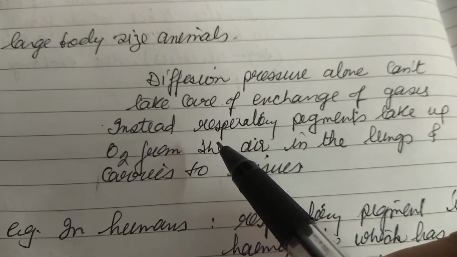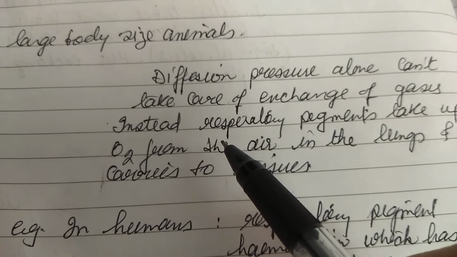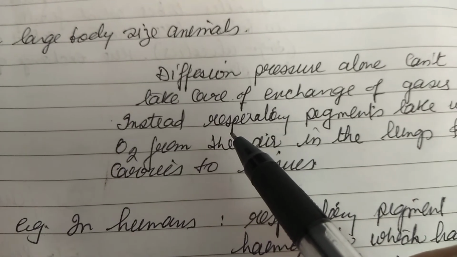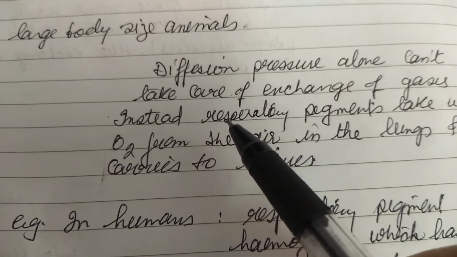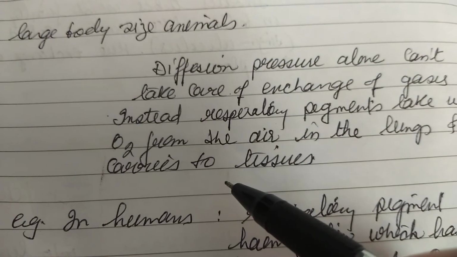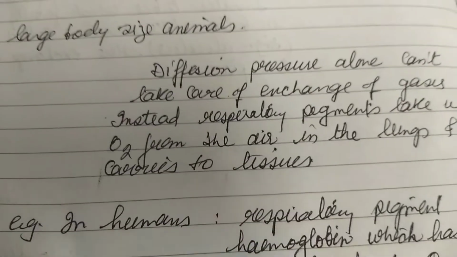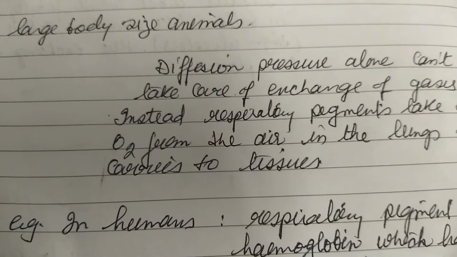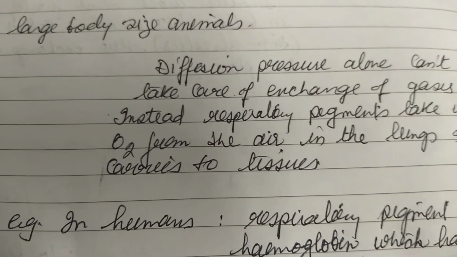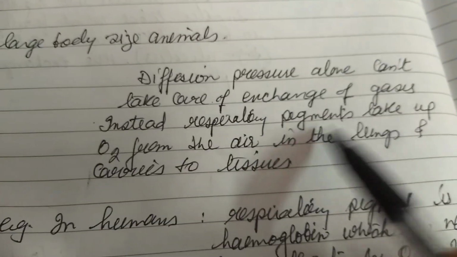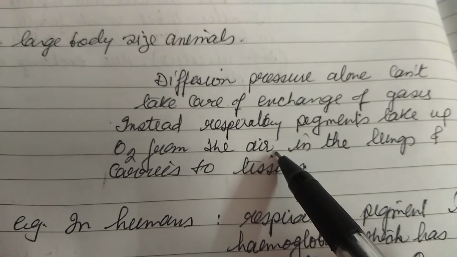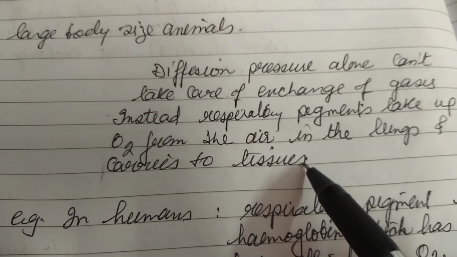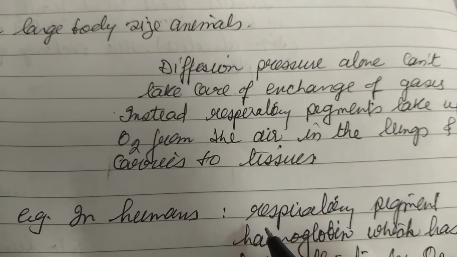Hemoglobin is present in blood, and it has a strong affinity for oxygen, right? So it takes this oxygen and binds with itself. So oxygen binds to hemoglobin and moves. So respiratory pigments take up oxygen from the air in the lungs and carry it to tissues.